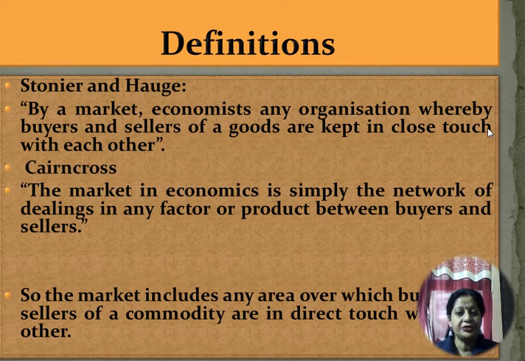Definitions. According to Stonier and Hague, by a market economists mean any organization whereby buyers and sellers of goods are kept in close touch with each other. Yes, it is a place where buyers and sellers are in close coordination with each other by knowing the price of the commodity, the quality of the commodity, and the background of the commodity, that is, whether the commodity which the customer is going to purchase is fresh or not.